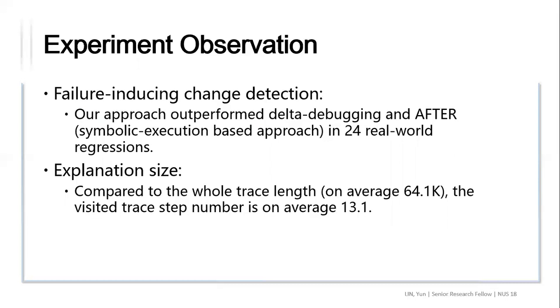Moreover, compared to the total trace size, the average trace size is about 64.1K steps. The number of trace steps visited by our alignment slicing and mending algorithm is about 13.1 steps. The explanation size is much smaller than the total trace.